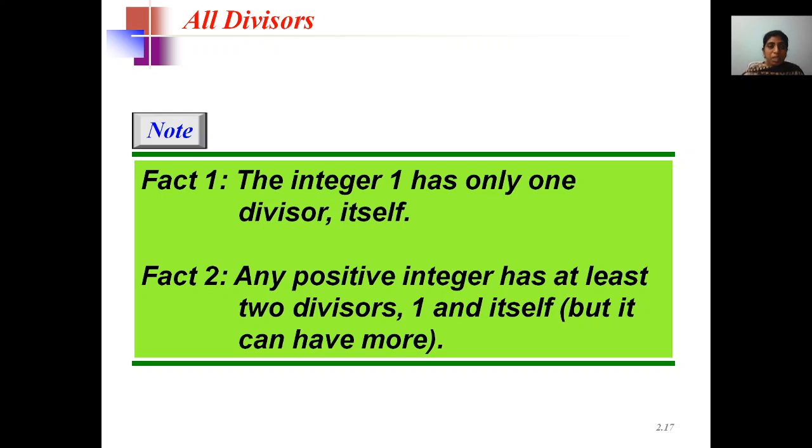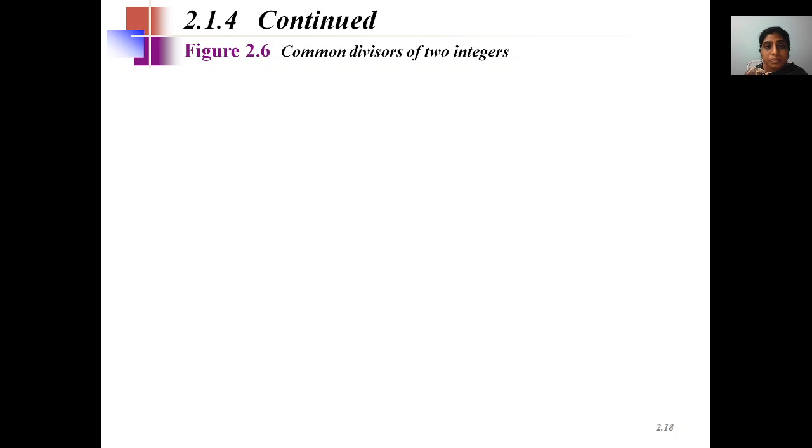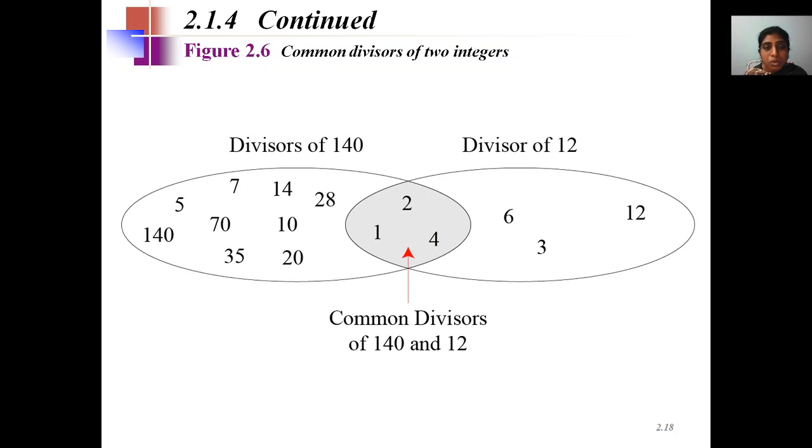If it has only 1 and itself as divisors, then you can say it is a prime number. So you can see the factors.